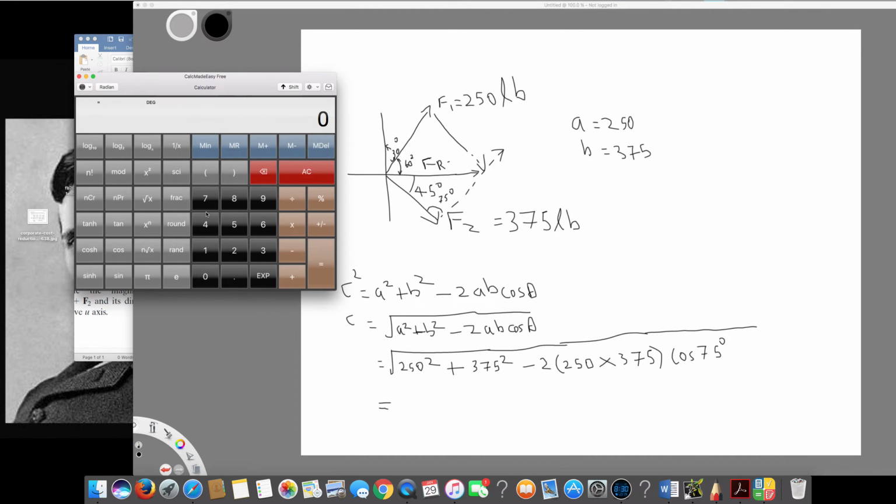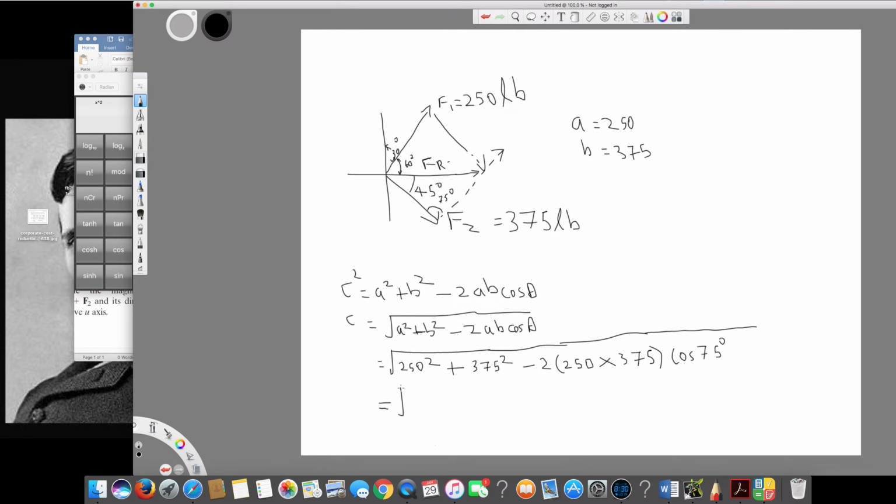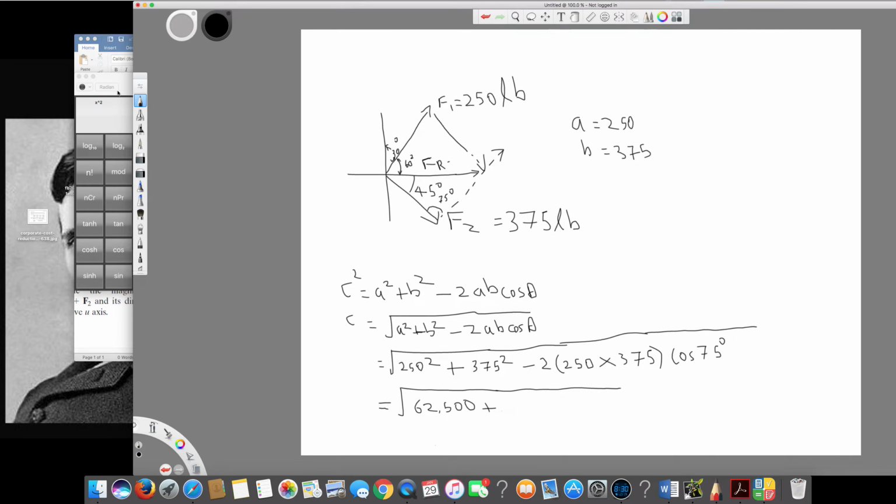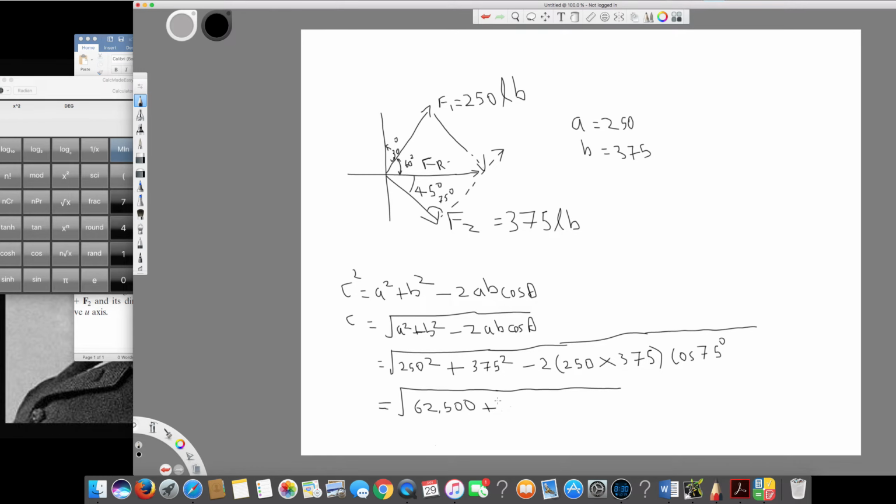So 250 square is equal to 62,500 plus 375 square is equal to 140,625, and I'm going to calculate this all together.